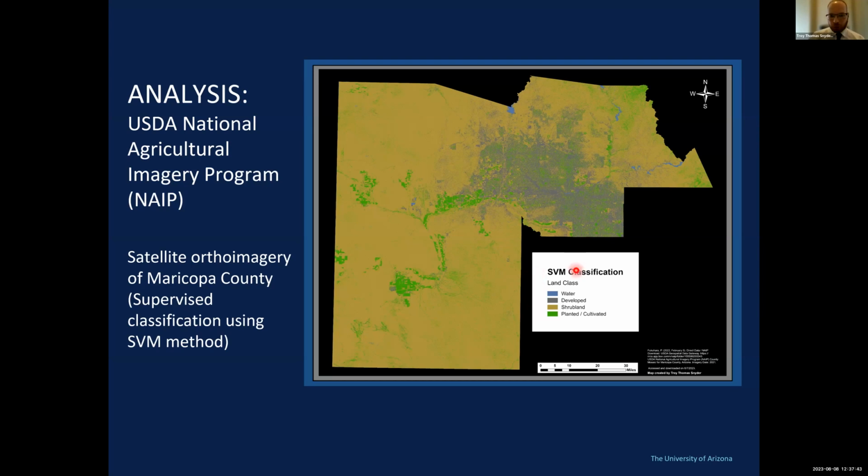So my 4 classes were water, which is shown in blue, developed land, which is shown in gray to kind of represent concrete, shrubland, which is represented by the brown, and then planted or cultivated land, which is represented by this bright green color.